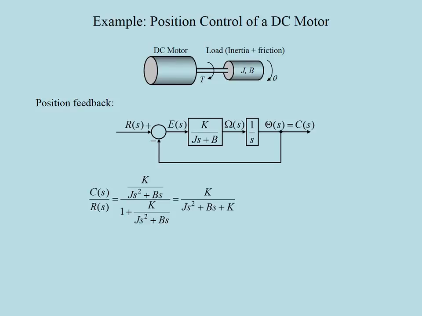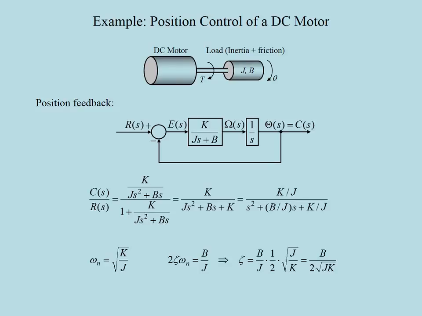Also, we obtained the closed-loop transfer function in terms of the parameters K, J, and B. Further, we defined the square root of K over J as the undamped natural frequency of the system, namely omega n, and we have defined the damping ratio zeta such that B over J equals 2 zeta omega n. This means that zeta can be defined as B divided by 2 times the square root of JK.